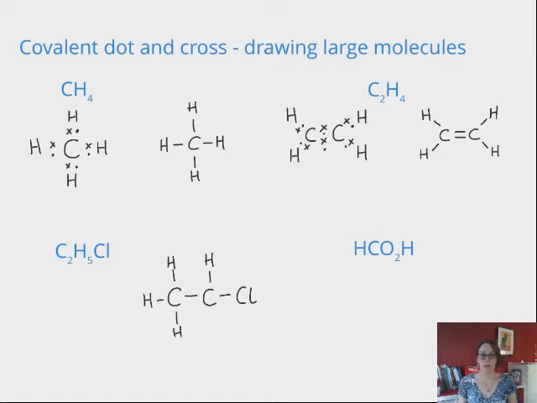Again, we should be pretty confident in drawing a displayed formula for that. So to turn it into a dot and cross diagram, we're going to do what we did for ethene, which is to replace every single bond with a dot and a cross. There are 3 different elements here, but we don't need lots of different symbols for our electrons.